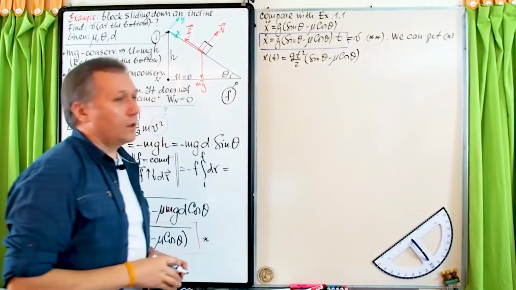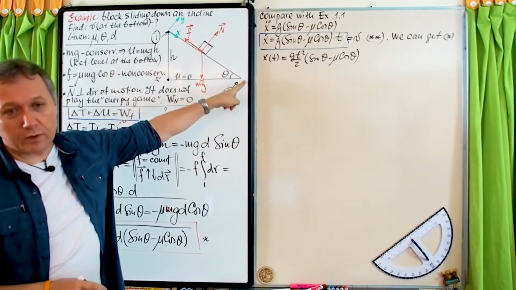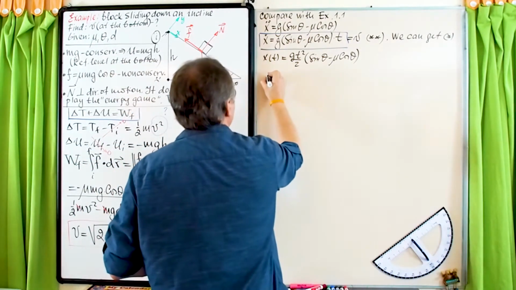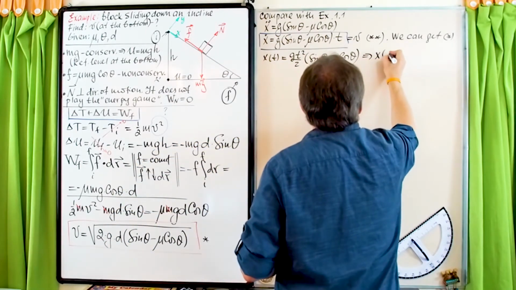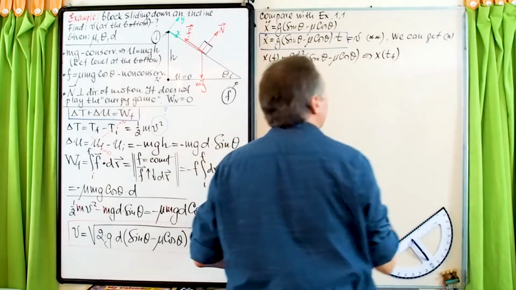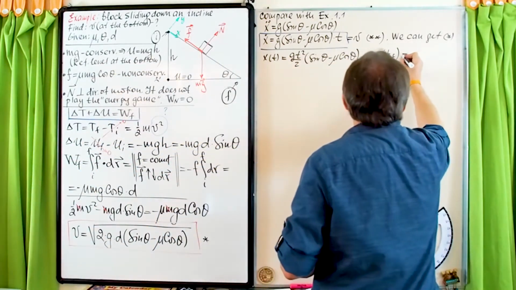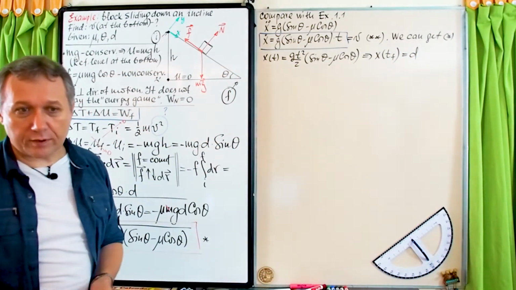Then we know the total distance, so we know the position at the final moment of time. If you use x at t_f, f stands for final, of course, it will be d. So just solve it for t_f, and you will get the total travel time.